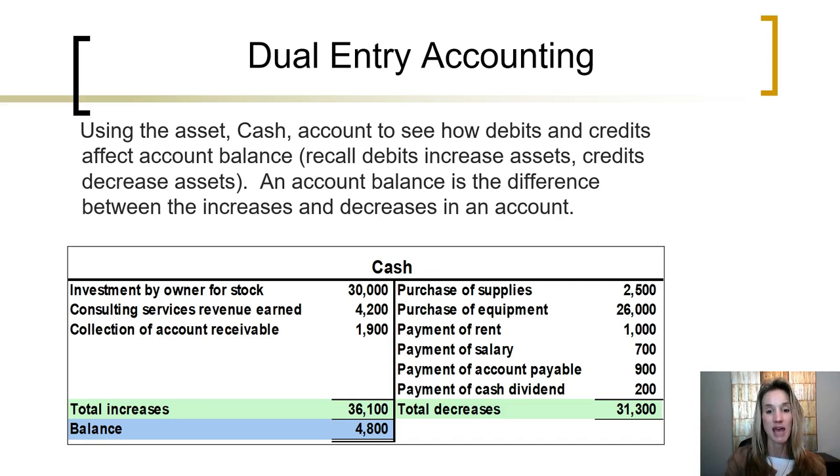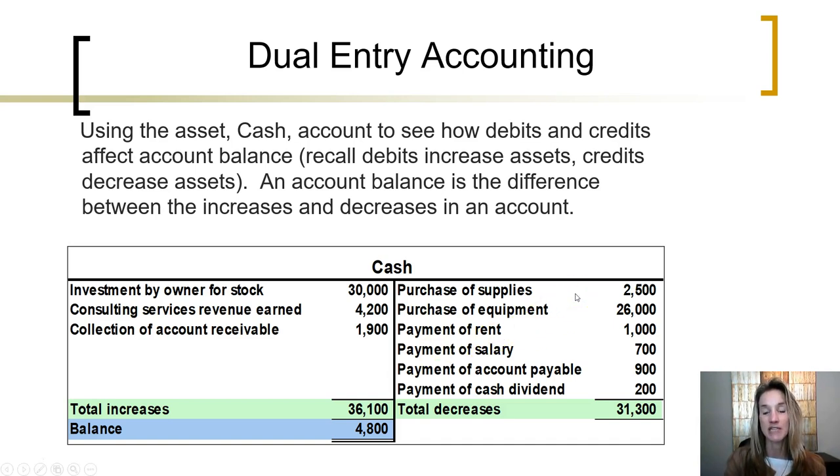What we're seeing in this cash asset account is that during the course of the accounting period, this account was debited for $30,000 when an owner invested. It was debited when a customer paid for consulting services that had been provided. And it was debited when collection on an account receivable was received. All of these debits reflect cash increases. Thus, all of these debits are increasing the cash account to reflect the impact of the transaction on that asset.